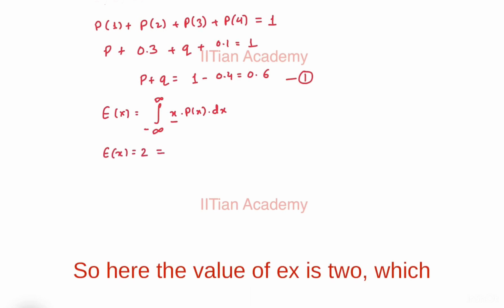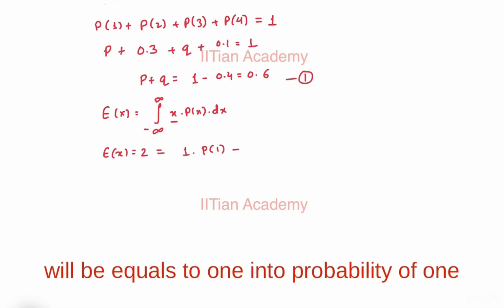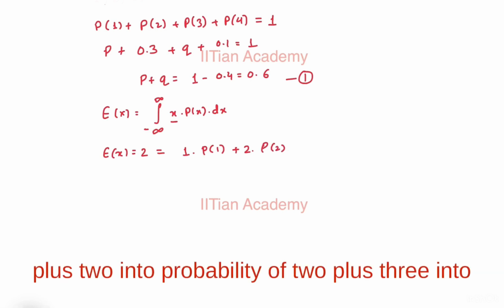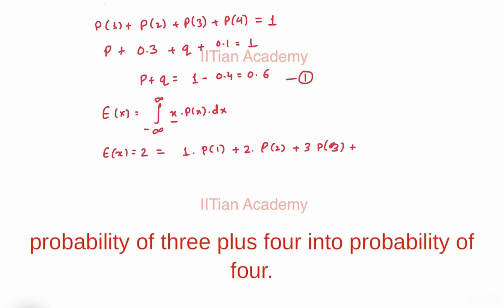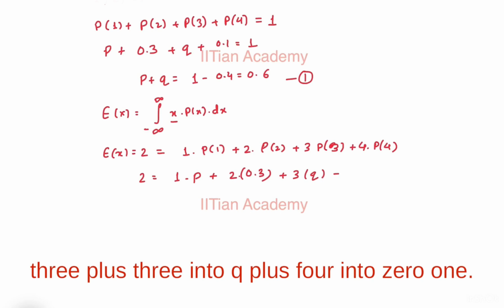So here the value of E(x) is 2, which will be equal to 1 into probability of 1 plus 2 into probability of 2 plus 3 into probability of 3 plus 4 into probability of 4. So this is 2, equals 1 into p plus 2 into 0.3 plus 3 into q plus 4 into 0.1.